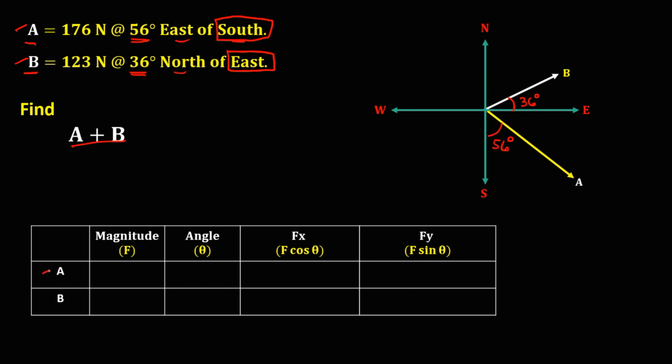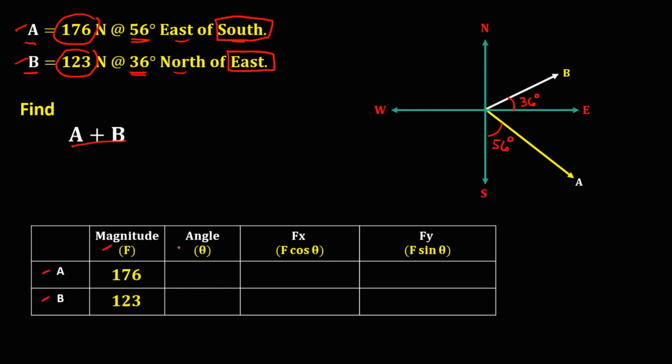Then for vector A, the magnitude is 176 Newton. And vector B, the magnitude is 123 Newton.